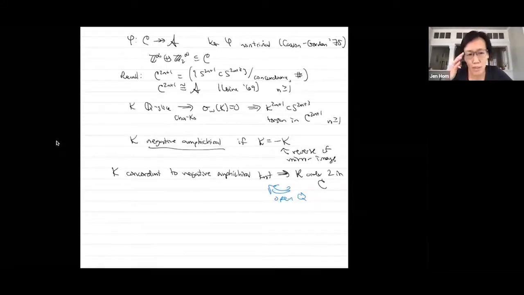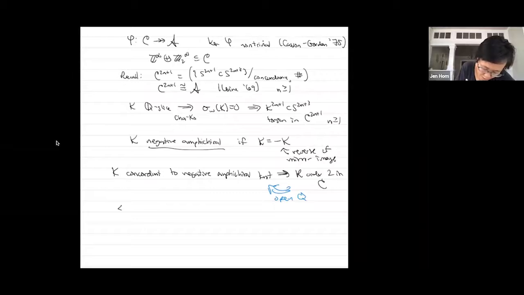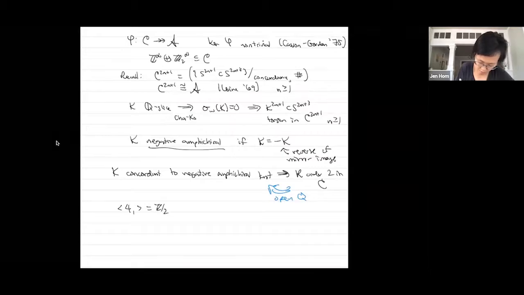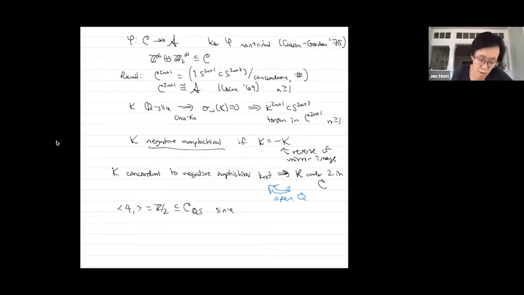So what do I know about this subgroup of rationally sliced knots? For example, we know that the figure 8 generates a Z mod 2 subgroup of this subgroup of rationally sliced knots. Well, how do we know this? The figure 8 knot is rationally sliced.